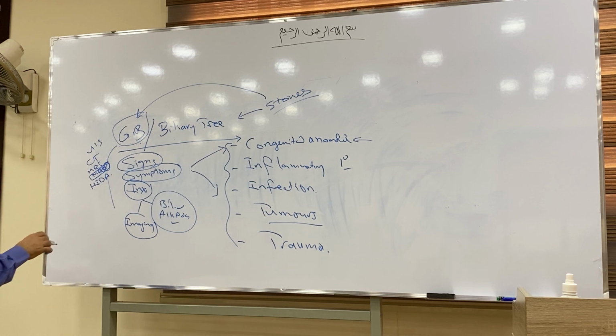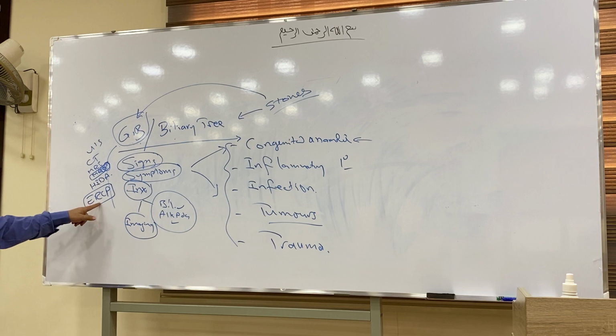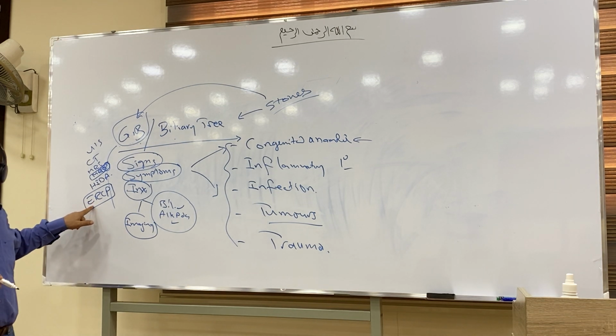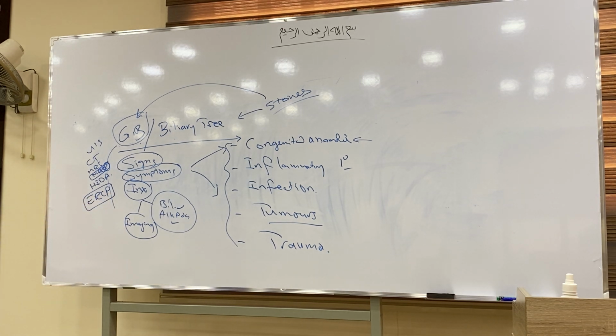And as I told you, ERCP, this endoscopic retrograde cholangiopancreatogram, is invasive. So when we use an invasive technique, it is better to do it not only for diagnosis but also for therapeutic purposes, to treat the patient. Through the endoscope we can enter the ampulla of Vater as we explained in the anatomy.